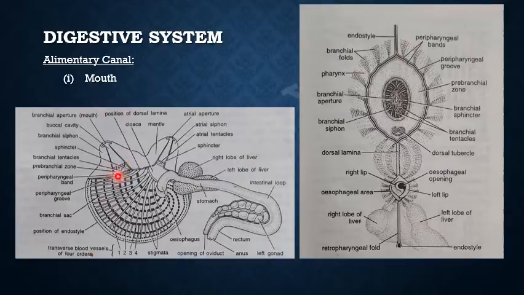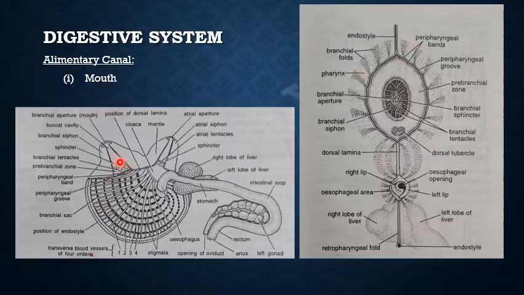So 64 tentacles are present in this sphincter. For looking at the detailed structure of the tentacles, we will have to go to the diagram of a tentacle. It will come on the next slide, and I will explain it to you when it comes.